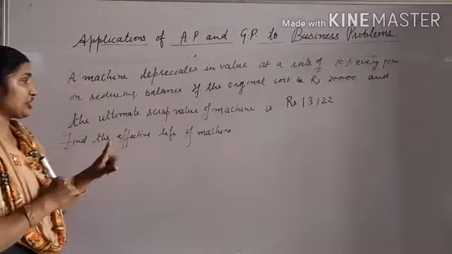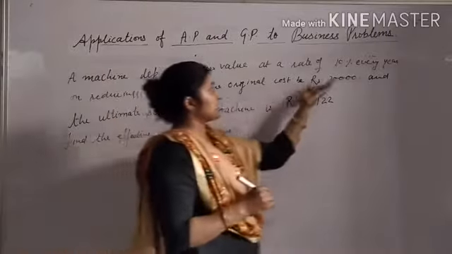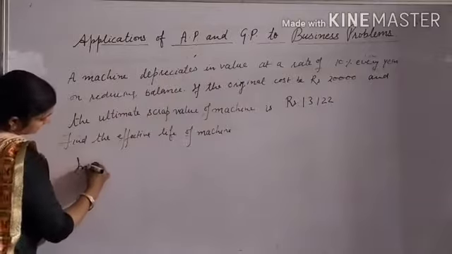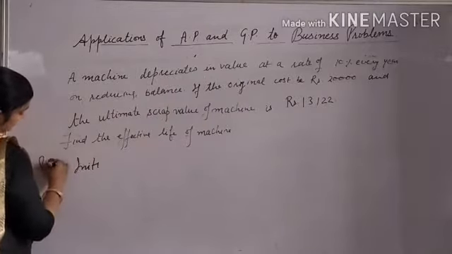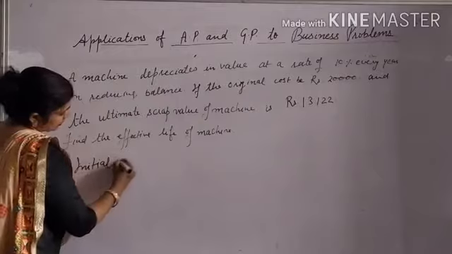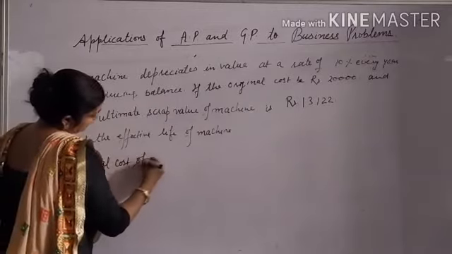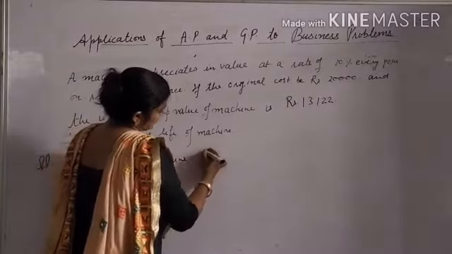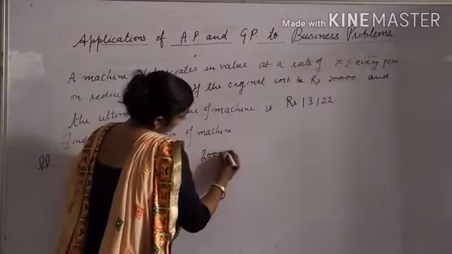So the initial cost of the machine is 20,000.